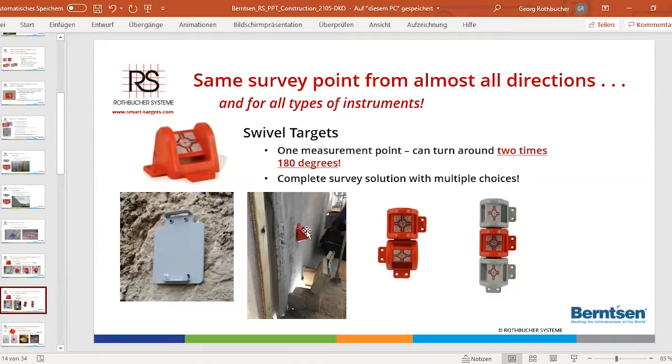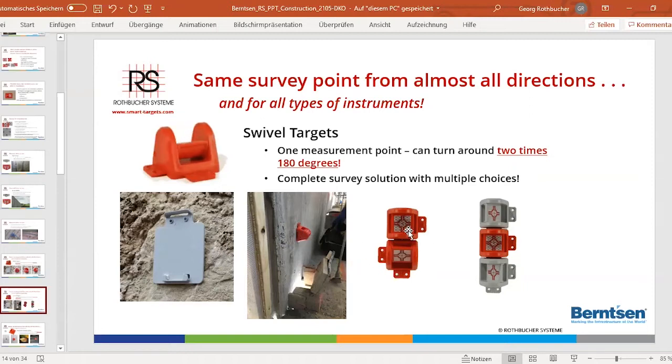Then you go to the next floor, take off the target, turn it 90 degrees, and then you have the same XYZ from left to right, anywhere where you have your total station, and you can bring it accurately in direction to the total station with high accuracy.